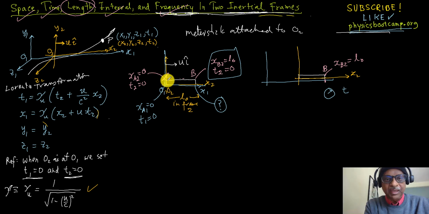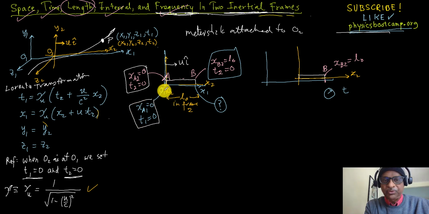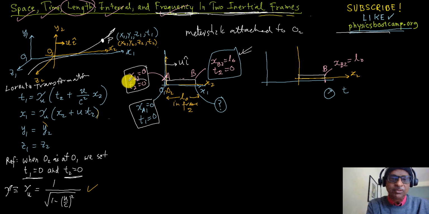So A, the left side, at this instant t2 equal to 0, you have these in the second frame for the left side, and these in frame 1. These are the values for the left side, and for the right side you have these values, so the length is L0 and t2 is 0. Because this is the same, I can tell the length is L0.